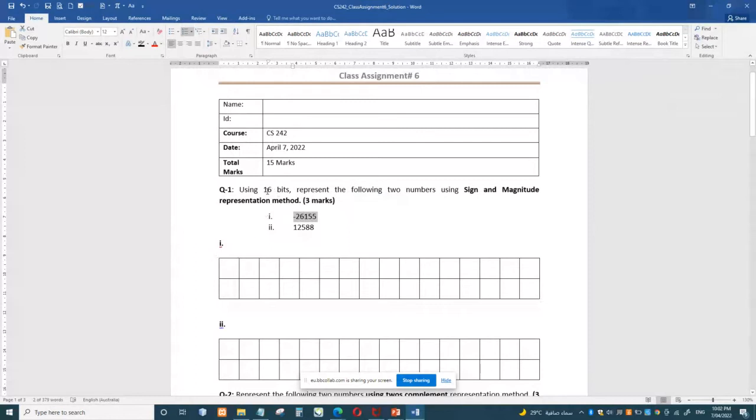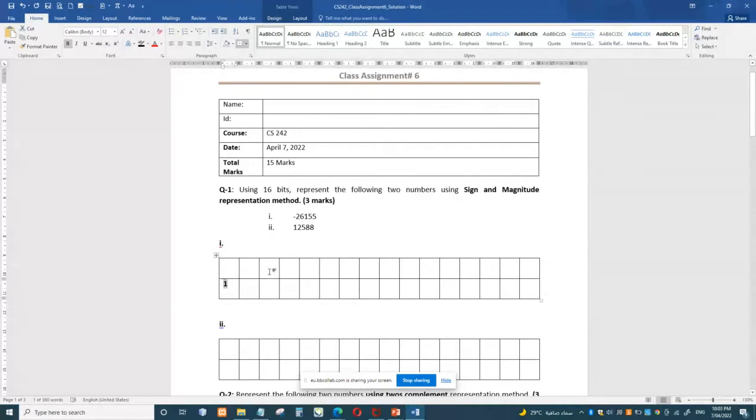For the negative number, we know the negative sign is represented using 1, and the positive sign is represented using 0. So since our first number is a negative number, I'm putting 1 in the leftmost bit, which is basically for representing the sign. So that's the sign bit. So I'm putting the sign in the leftmost bit.